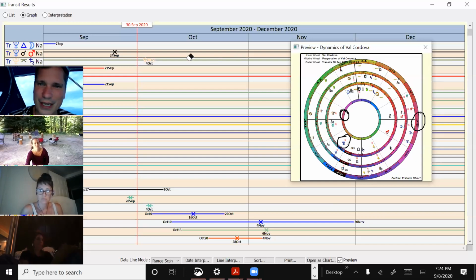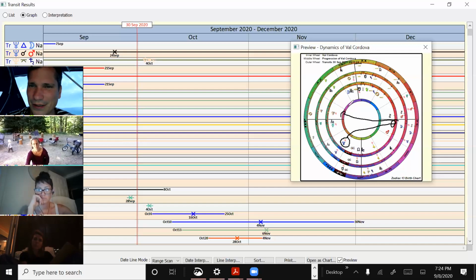One of the things that's important to understand, why transits work the way they work and why we're doing all of this work, is that everything is a web. For example, this Neptune is a web. It's connected to here. This is connected to here. So everything connects. This Mars is connected here, and then it's also connected here, Aries.